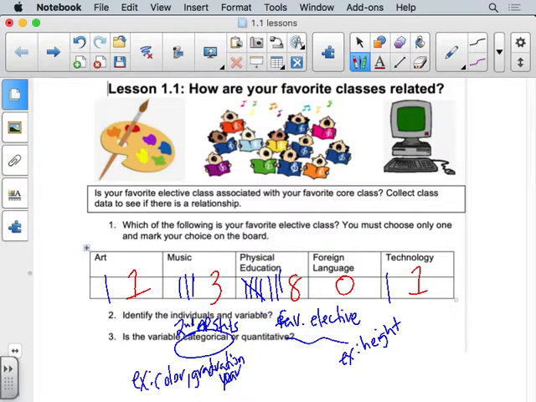Like, the average height of this class is 5'8", okay? That makes sense. I would never say in a categorical thing, the average whatever would be this. Maybe I could say the biggest choice was PE or whatever, but I'm not going to average them together into some sort of thing. So like height, test score, what's another one? Let's get one more.